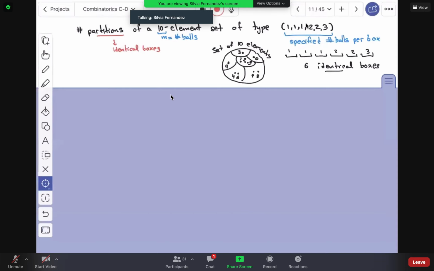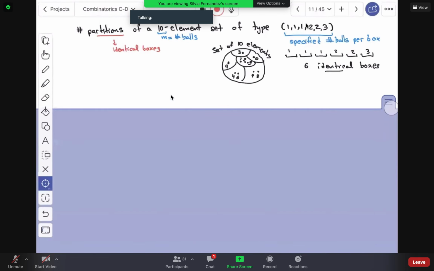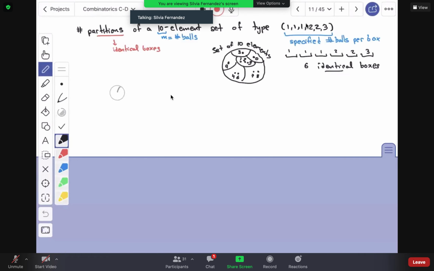So this goes with the Stirling numbers, this is one of the pieces that makes up the Stirling number 10, 6, and it's just going to be the multinomial 10, because we have 10 objects, and we're supposed to choose 1, 1, 1, 2, 2, 3. And it actually doesn't matter in which order you list those numbers. The multinomial is the same.